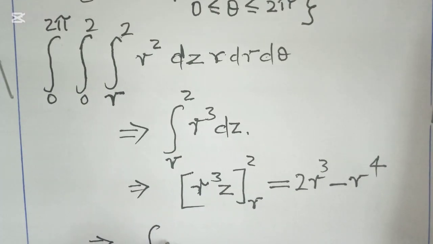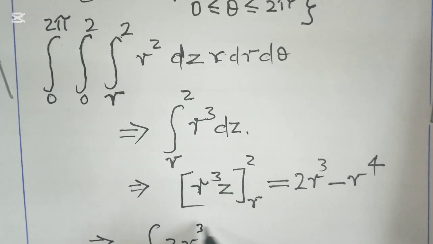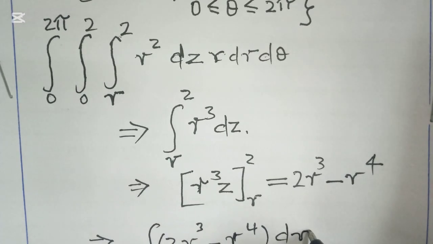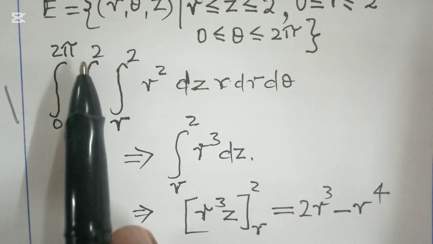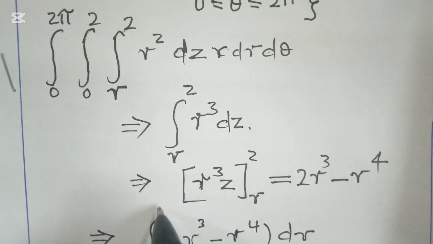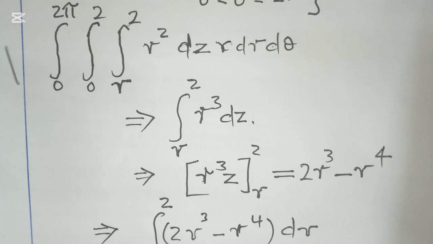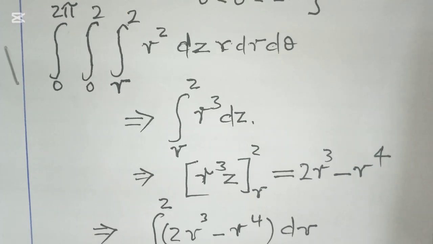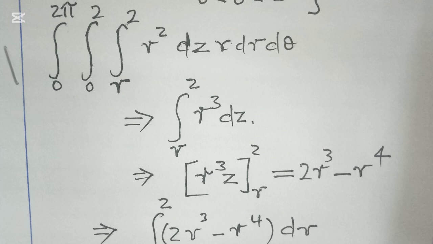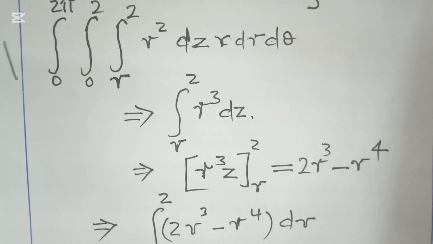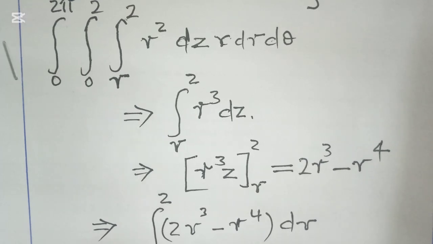This one now will be 2r cubed minus r raised to 4, and here we have dr. For dr we have 0 to 2. So this one is going to be 2r raised to 4 all over 4, that is when we integrate r cubed, minus r raised to 5 all over 5, limits from 0 to 2.